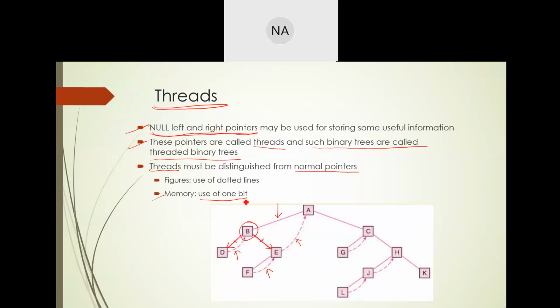With each pointer you can store a single bit. If the value of that bit is 0, the pointer is a normal pointer, and if it is 1, the pointer is a thread, a special pointer.